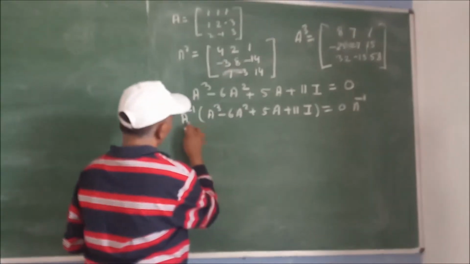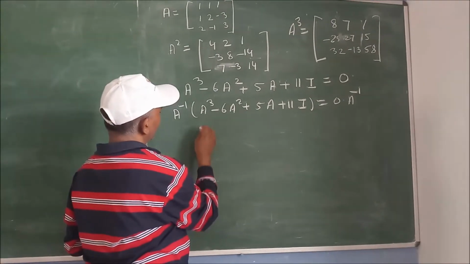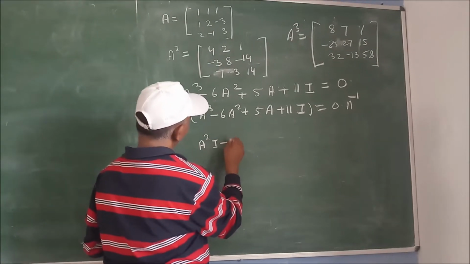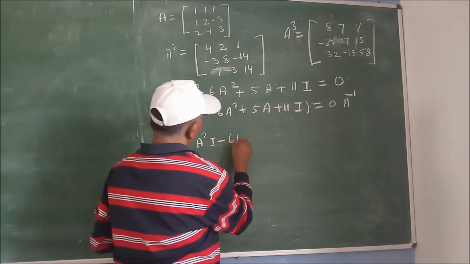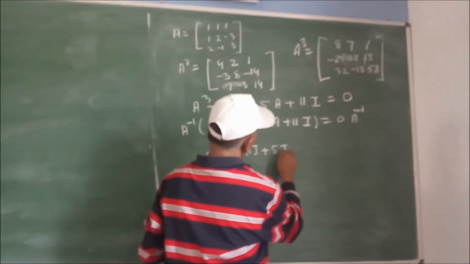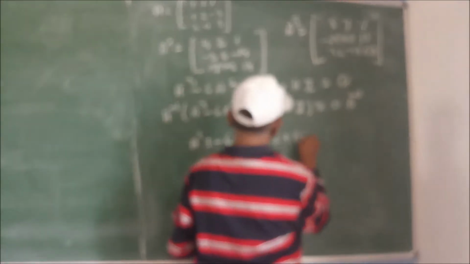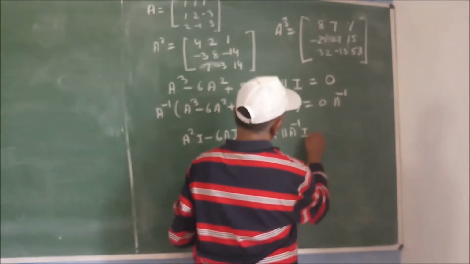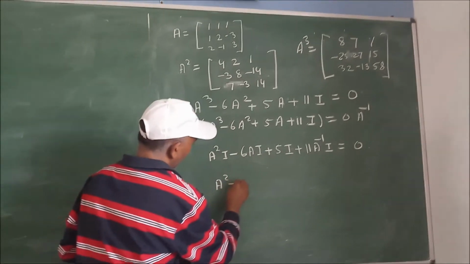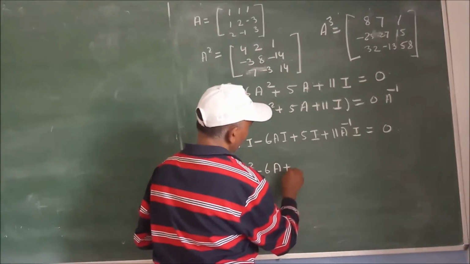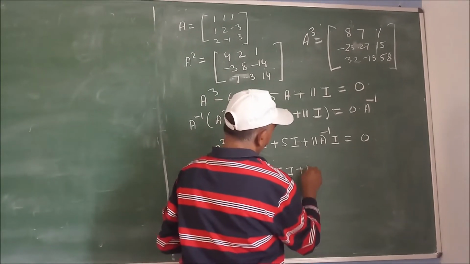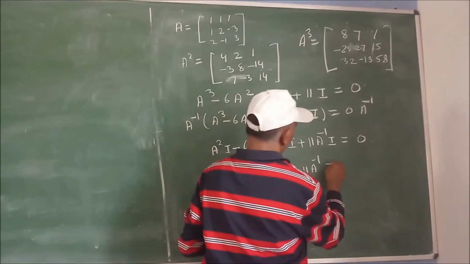So this becomes A inverse into A, this will equal to I. So this will equal to A square into I minus 6A into I plus 5I plus 11A inverse into I is equal to 0. And this will be equal to A square minus 6A plus 5I plus 11A inverse is equal to 0.